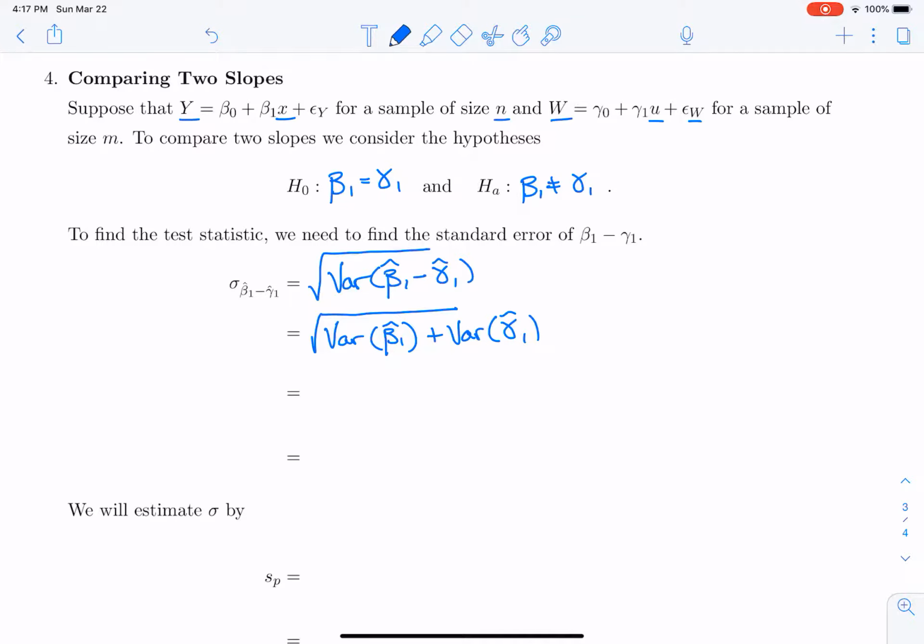We're going to assume that y and w are independent, and therefore beta 1 hat and gamma 1 hat are independent. So that's the square root of, well, what is the variance of beta 1?